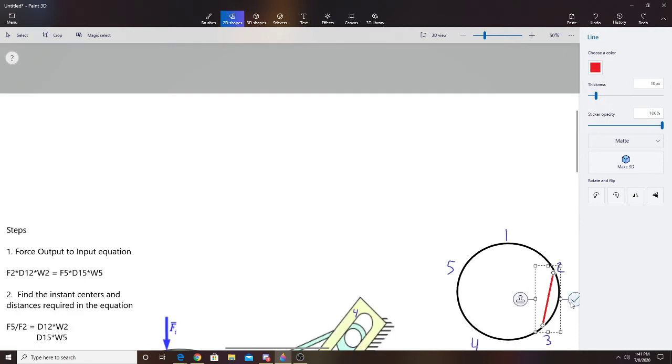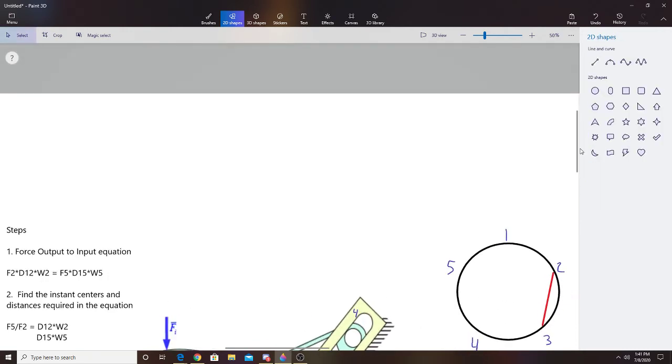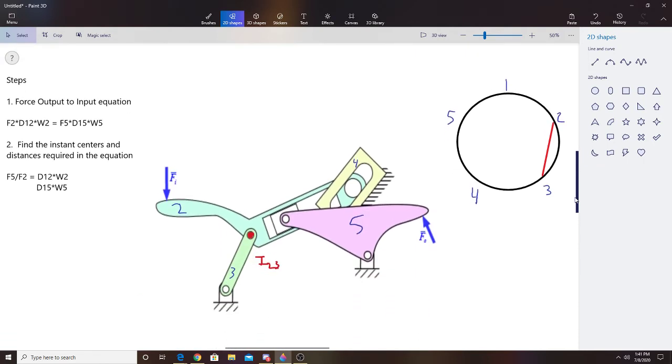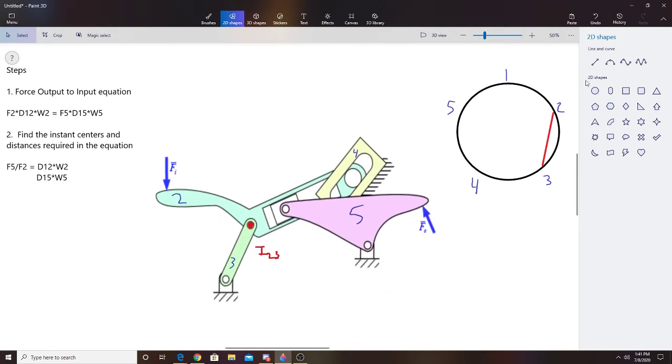Alright. So we have I23. I34 would be where? We do not have I34. What about I24?